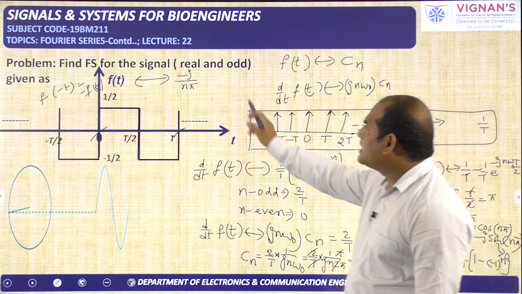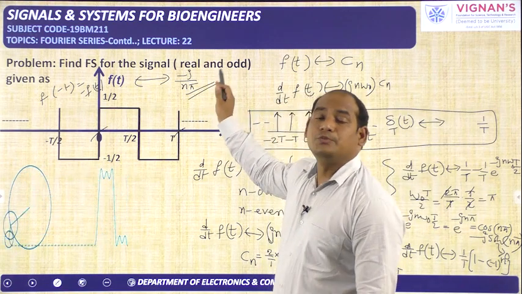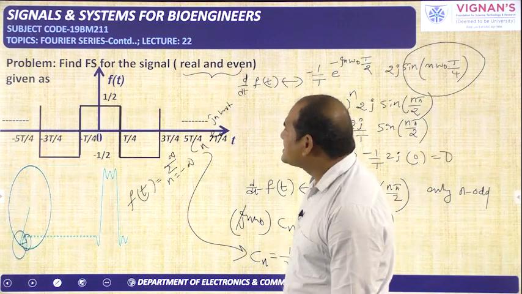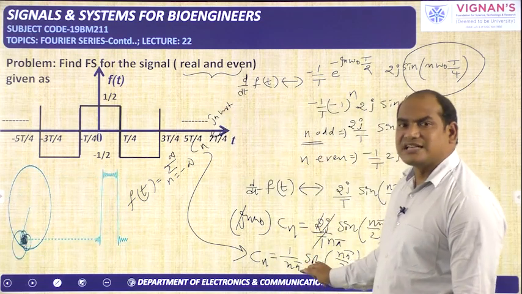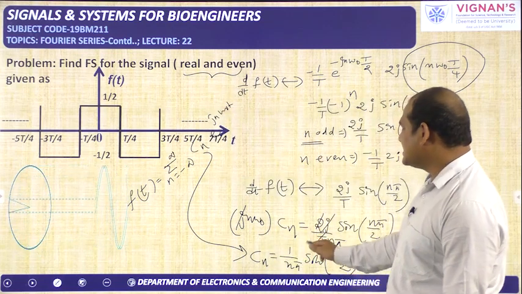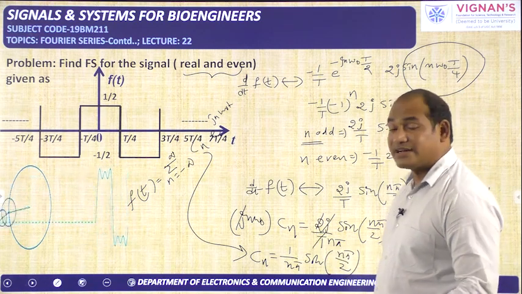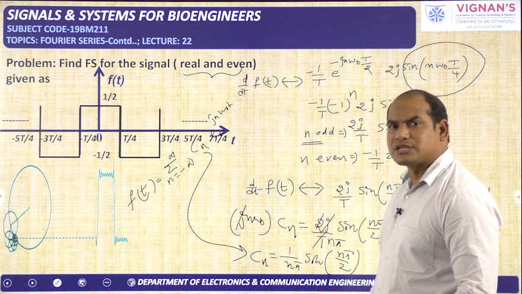If the signal is real and odd, what happens to the coefficient? The coefficient is purely imaginary. These are very, very important conclusions. If the given signal f of t is real and even, the Fourier series coefficient is also even. We have proved that Cn is an even signal by taking positive values of n and negative values of n.